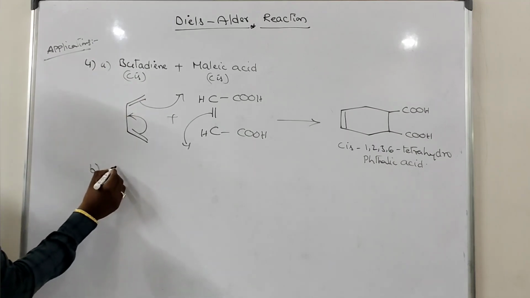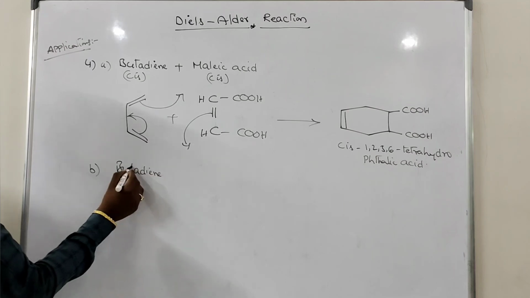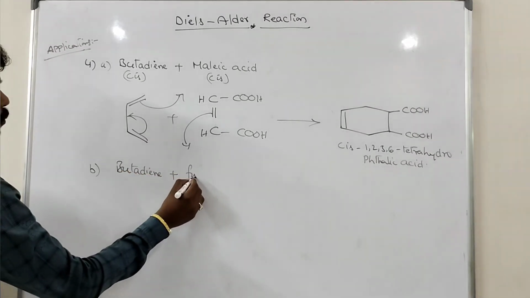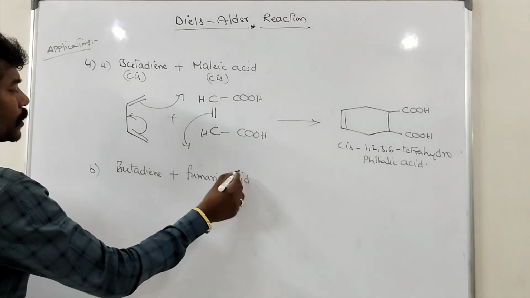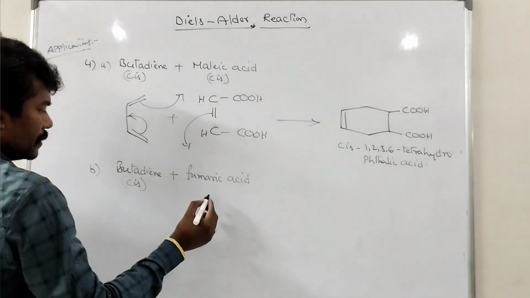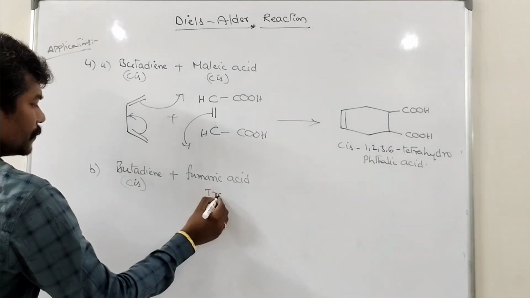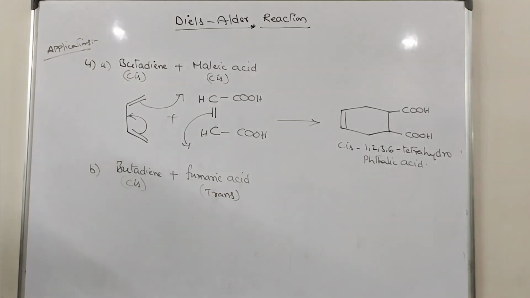Second one: butadiene plus fumaric acid. The diene is in cis form and fumaric acid is in trans form.